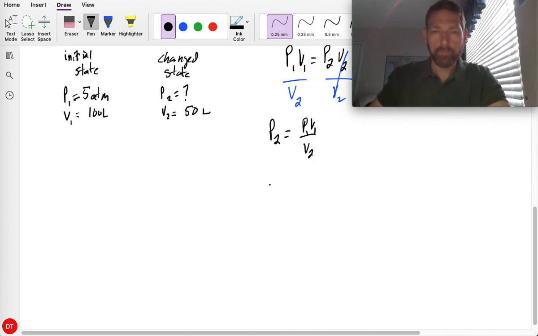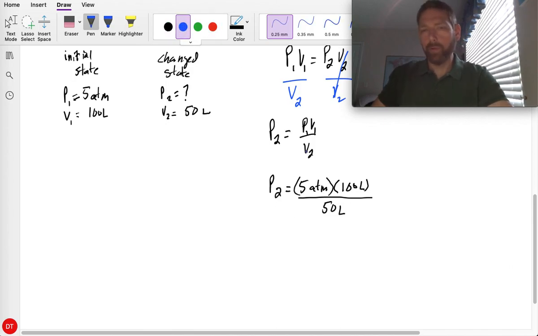All right. So we've got P2 equals P1, which is 5 atmospheres, times volume 1, which was 100 liters. Divide that by V2, which is 50 liters.